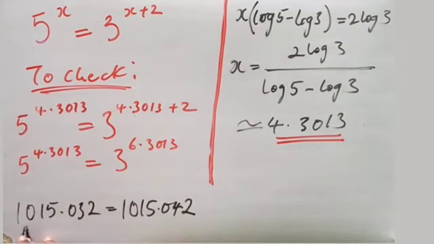If you look at both, you can see that they are very close to each other. Due to the decimal, that is why these 3 and 4 are different.